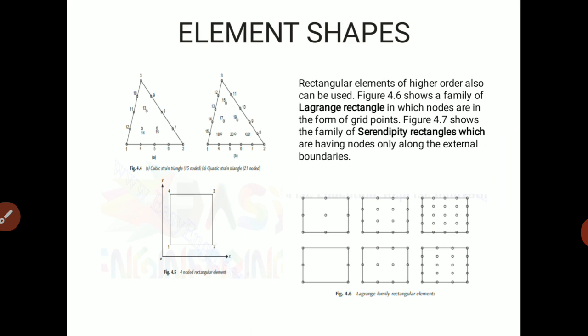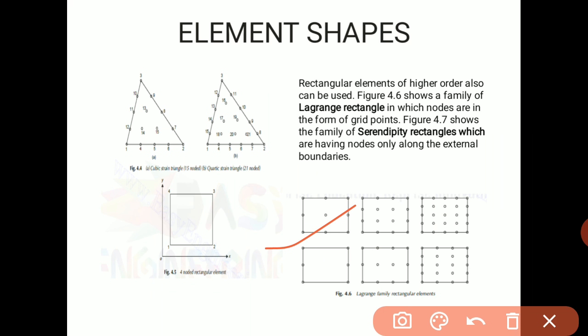Now we have seen this about the triangles. There are also rectangles in element shapes in two-dimensional. These are some basic rectangles with 4 nodes, 6 nodes, 9 nodes, 21 nodes, likewise.